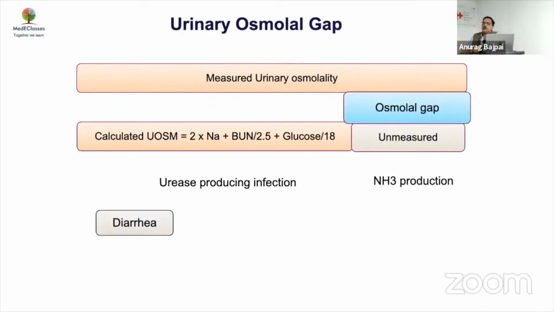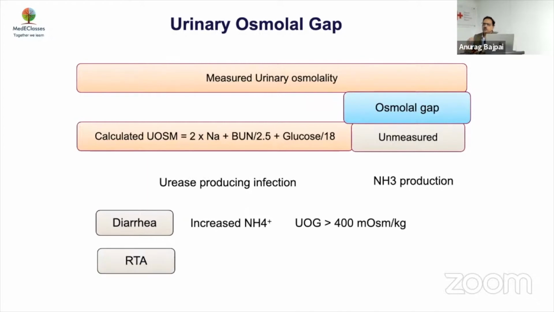Now, what will happen in diarrhea to urinary osmolar gap? Because your ammonium production is more, you will have an increased amount, and it will be more than 400. What will happen in RTA, Dr. Manoj? Because ammonium production is defective, it will decrease, so it will be on the lower side.